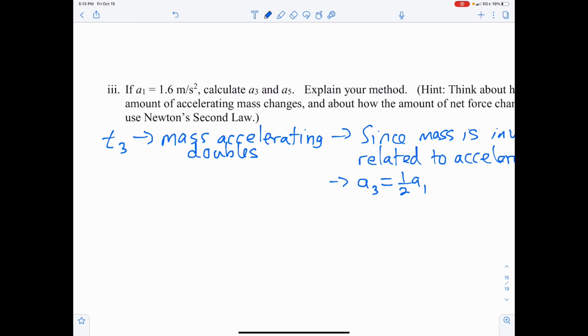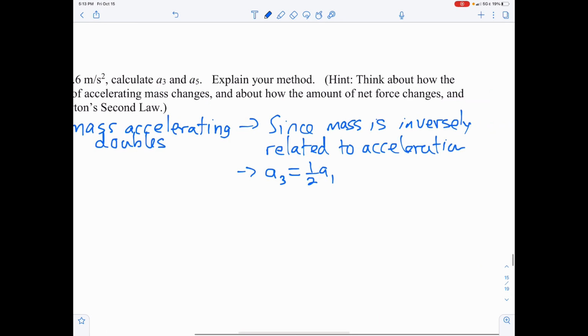The mass at time 3 is double the mass at time 1, so the acceleration at time 3 is half the acceleration at time 1. So it would be half of 1.6, or 0.8 meters per second squared.